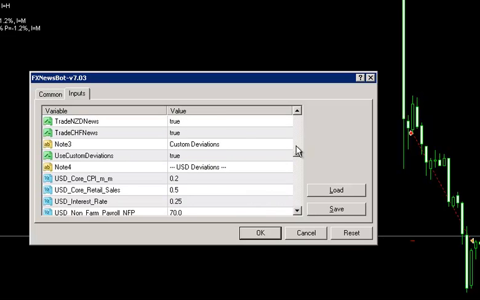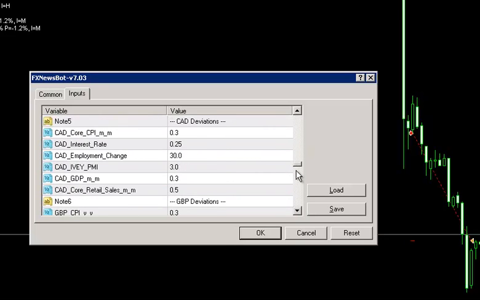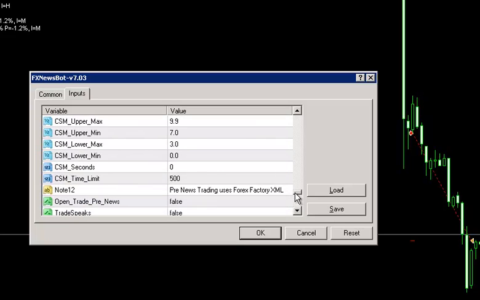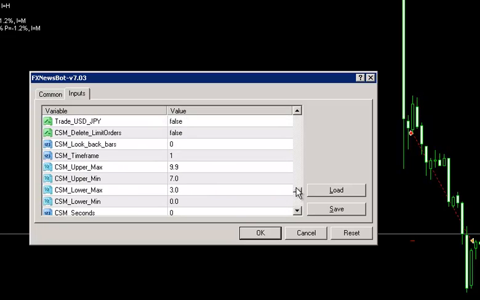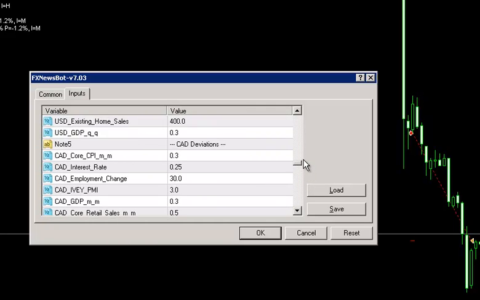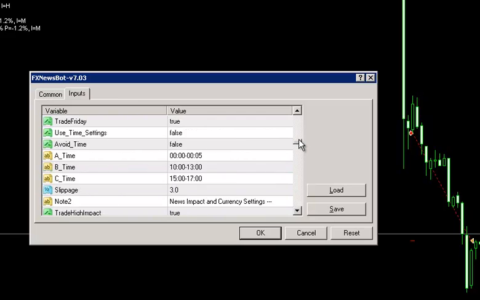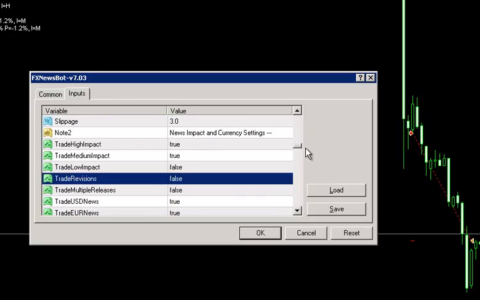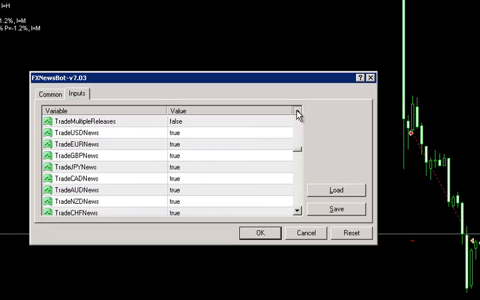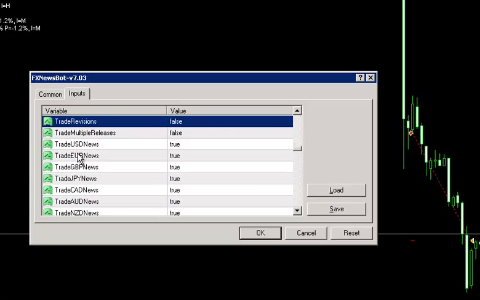So the EA also has inputs where you could say you only wanted to trade USD news releases. You can just go up here, and you can put everything on false and just leave USD on true.